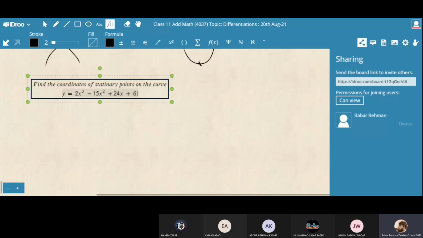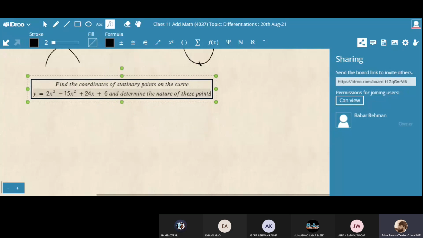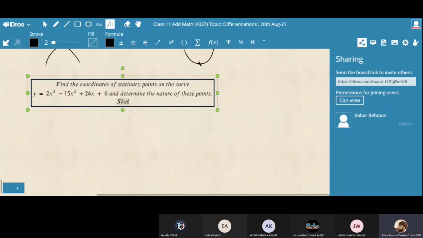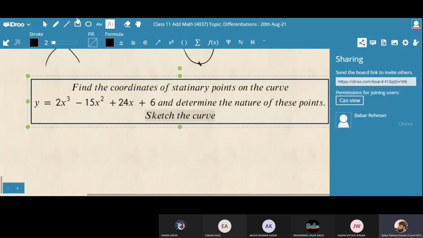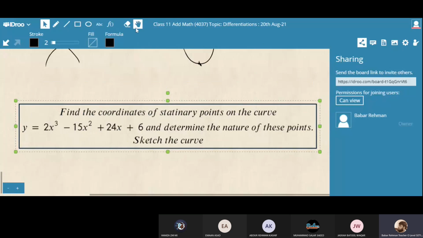And determine the nature of these points. And later on they are asking to sketch the curve. This curve you have to sketch. Now I'm giving you time. How would you do these questions?